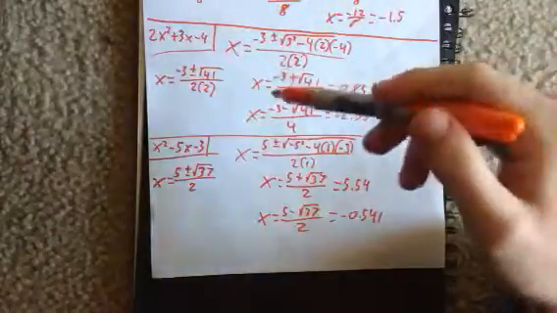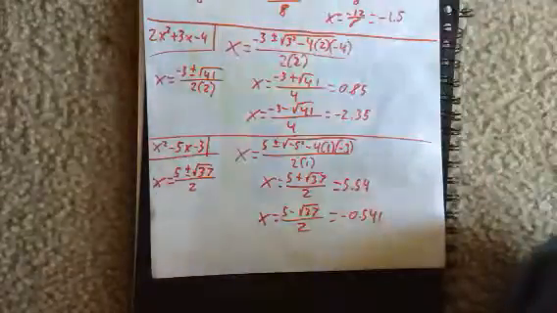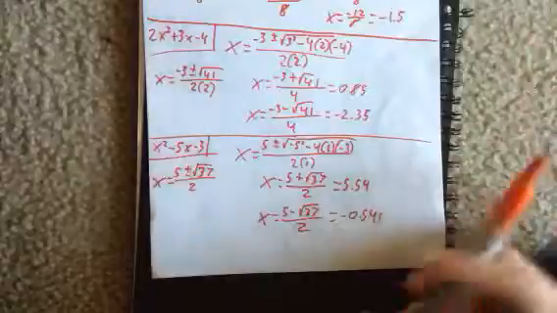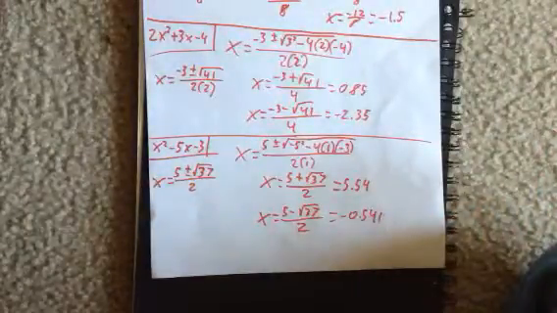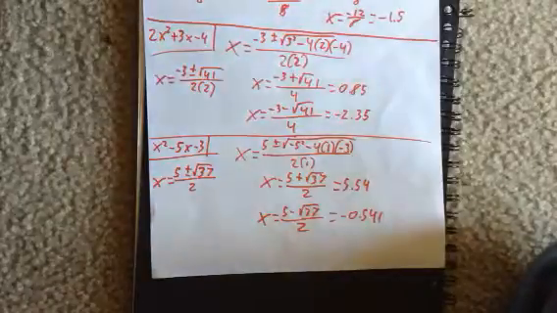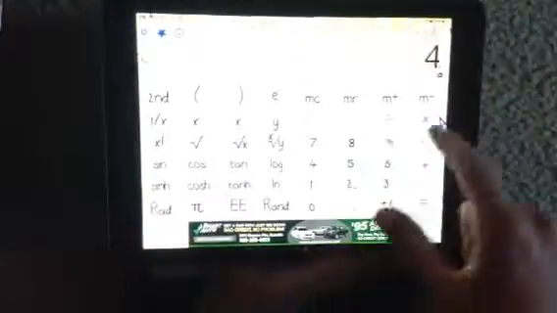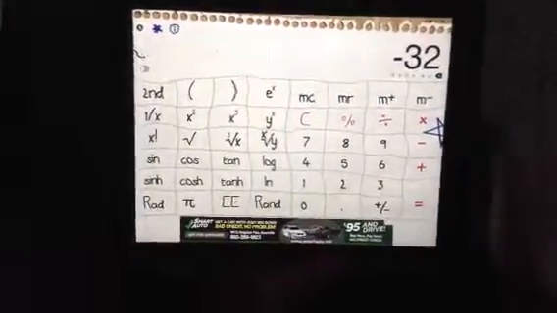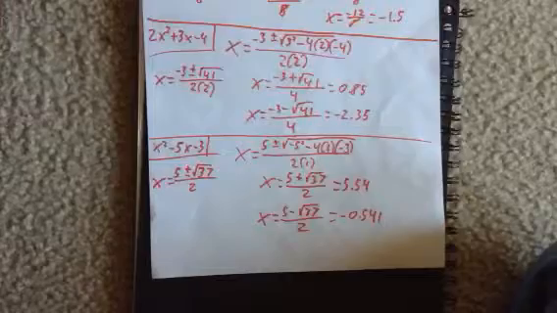So what we want to do, like last time, is simplify the square root and the denominator. So 3 squared equals 9. What is 4 times 2 times negative 4? So 4 times 2 times negative 4 equals negative 32.